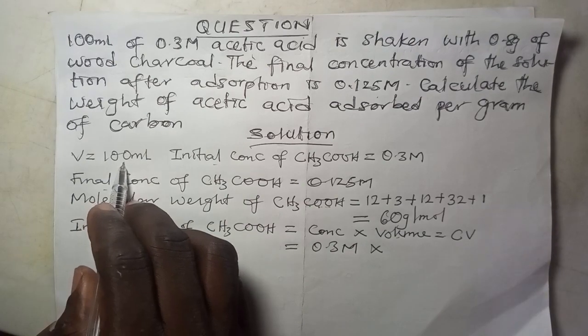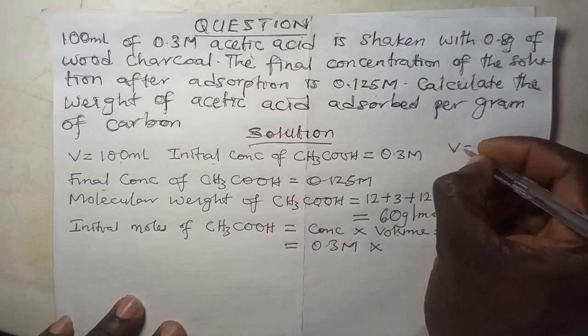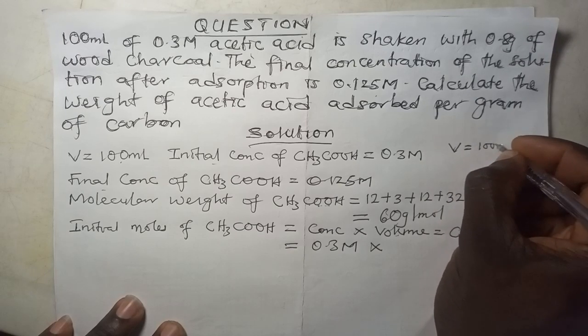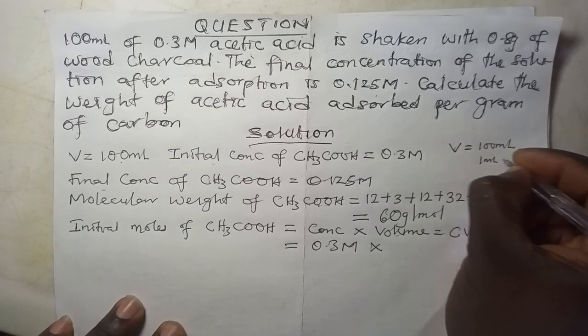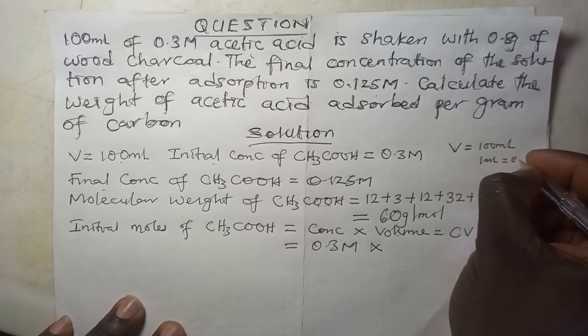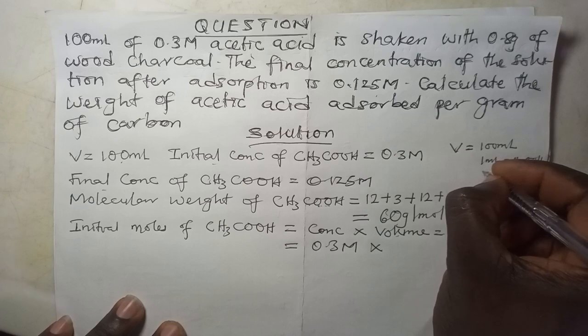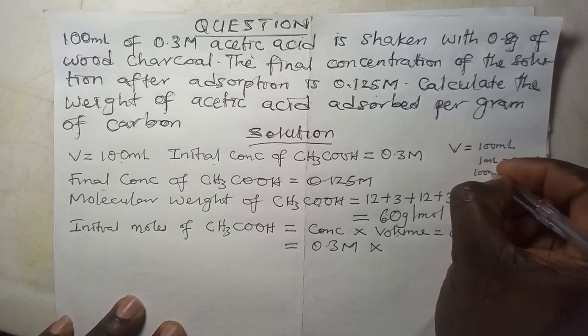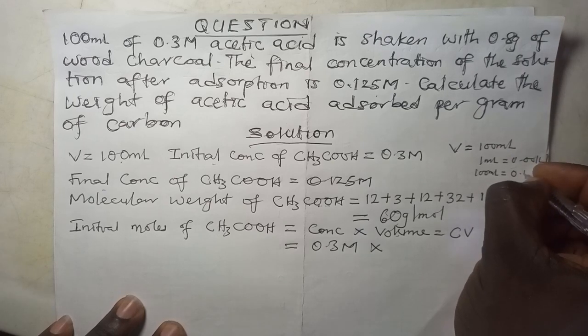Let me quickly convert this 100 milliliter to liter. You know that 1 milliliter makes 0.001 liter, so when you have 100 milliliter, you will have 0.1 liter.